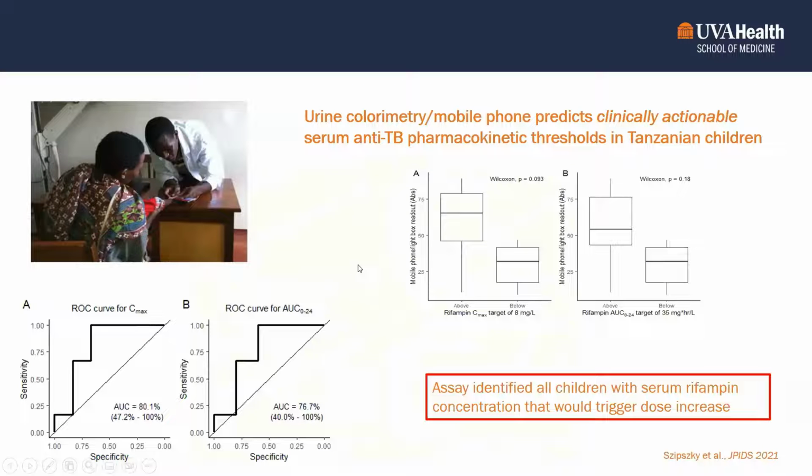And then there are some more analyses that we performed. We did a ROC curve, receiver operating characteristic curve, with the light box absorbance and serum values, and the AUC under the ROC curve was 80% for the Cmax, and 76% for AUC over 24 hours.